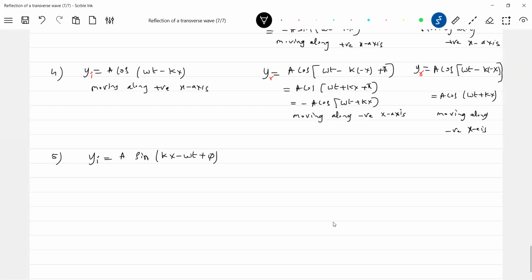Wave moving along positive x-axis. Anybody? What changes you're going to make?